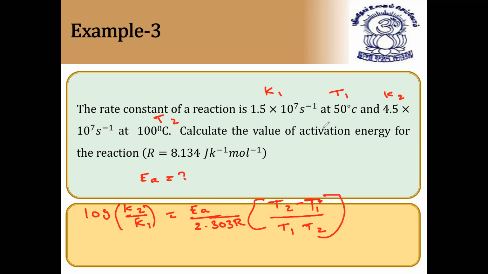So I have to convert the temperature into kelvins. 50 degrees C means 323 kelvins, and 100 degrees C means 373 kelvins.